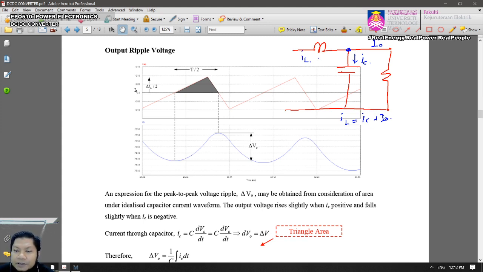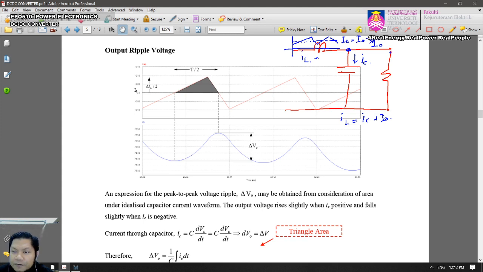So we know that this is with the ripple, continuous current operation, and then the average of that IL also equals I0, isn't it?